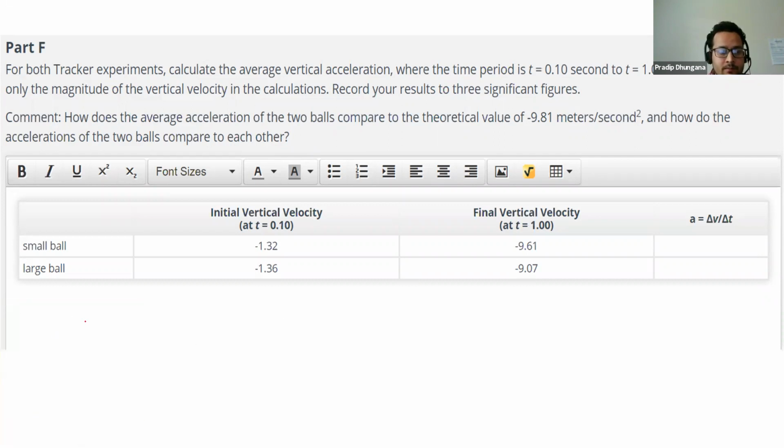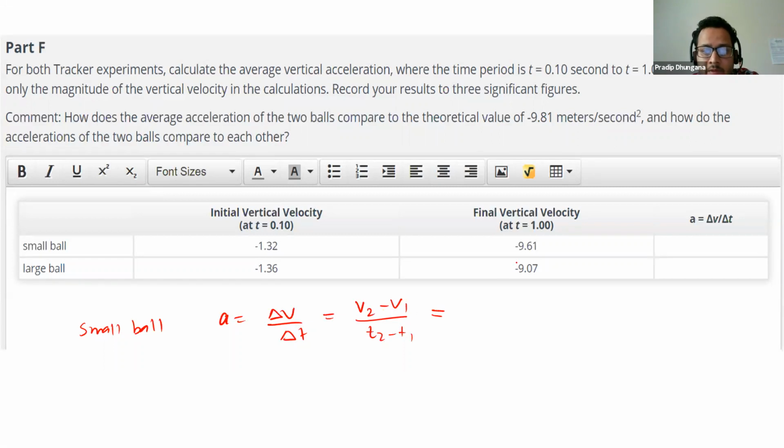Let's calculate vertical acceleration. So vertical acceleration is your del V over del T. That is V2, your final velocity, minus initial velocity, over T2 minus T1. Let's calculate for the small ball first. That is your final velocity, negative 9.61, minus initial velocity, negative 1.32. Time is 1.00 minus 0.10.